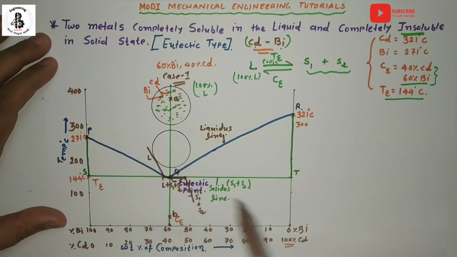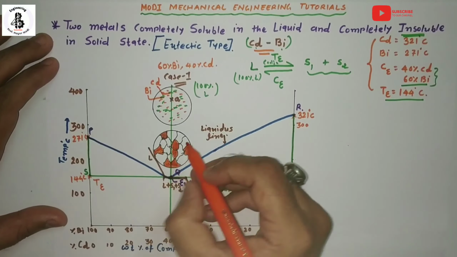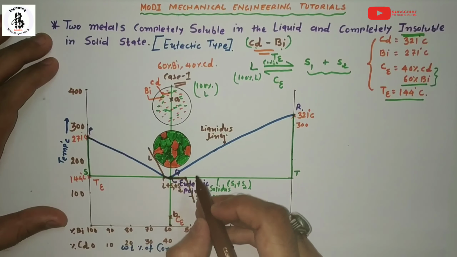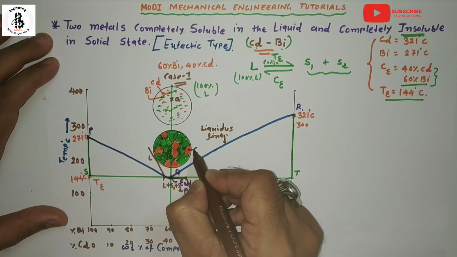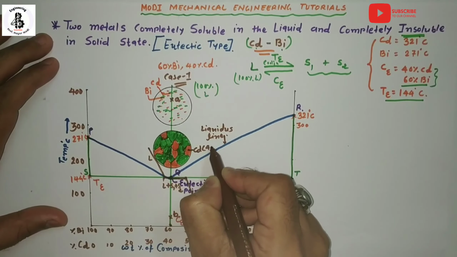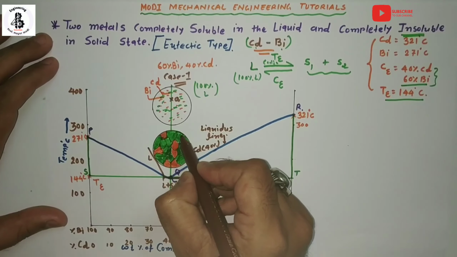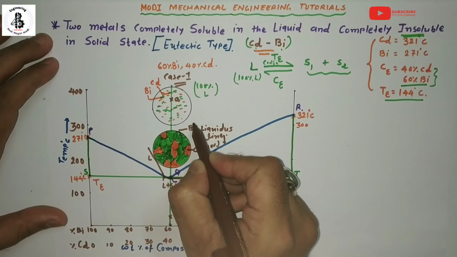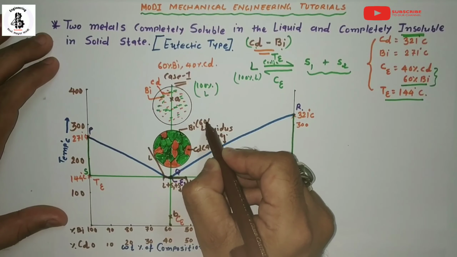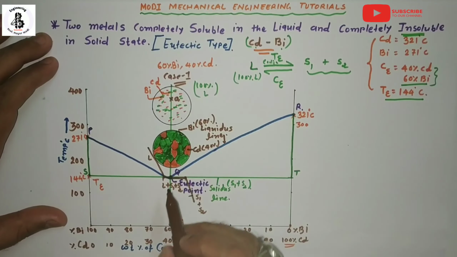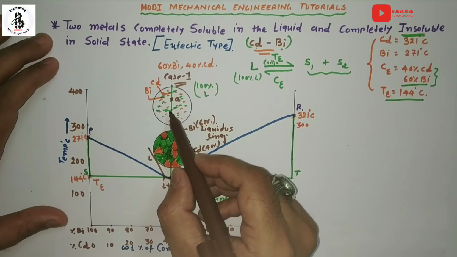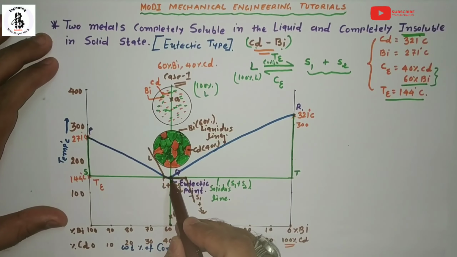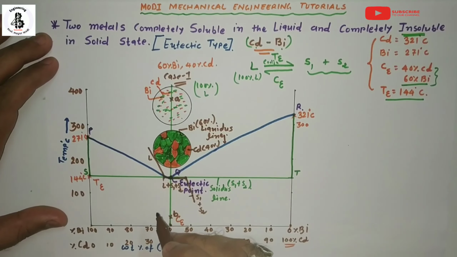For the microstructure, this orange is the cadmium, around 40%, and this green is the bismuth, around 60%. So all the liquid of cadmium and bismuth transforms into two different solids.